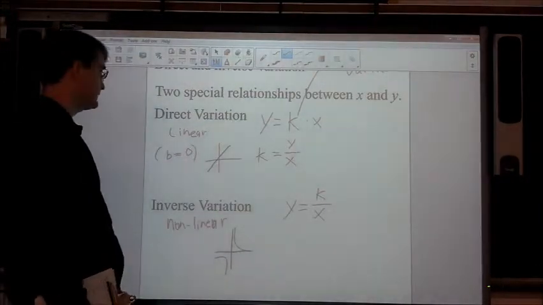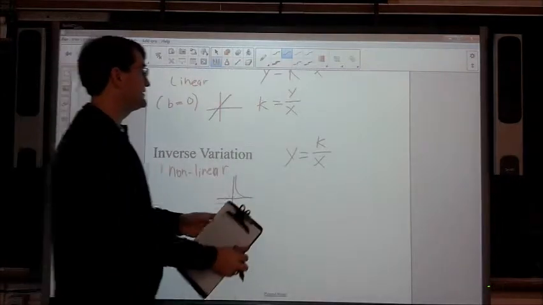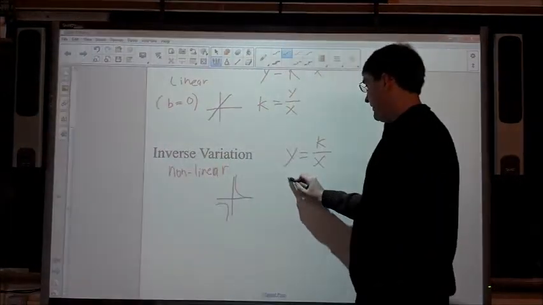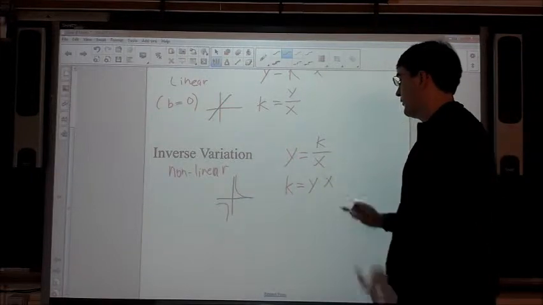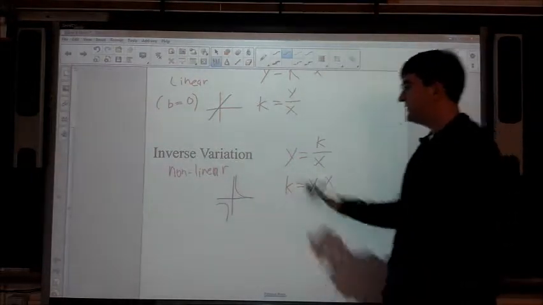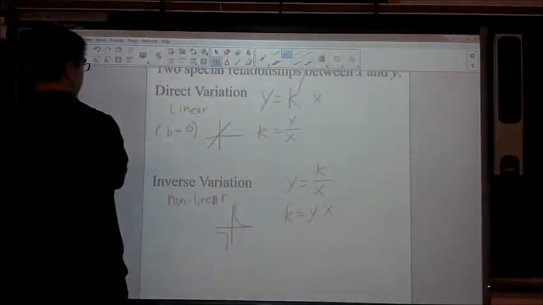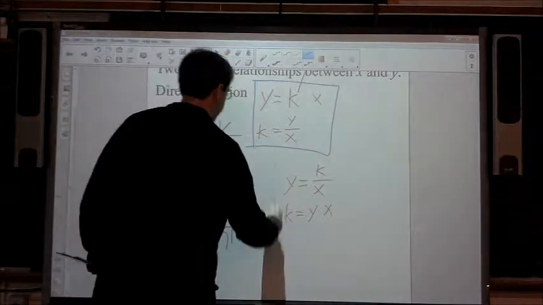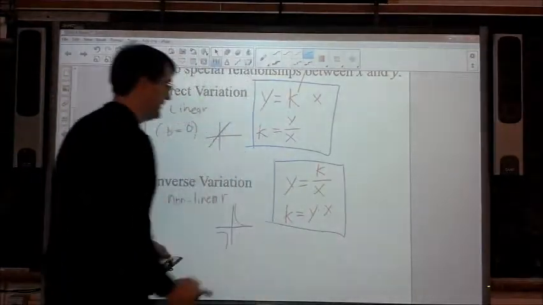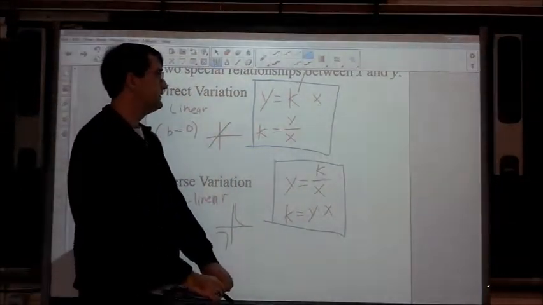For inverse variation, we have y is equal to k divided by x. And then putting it the other way, we could also say that k itself is equal to y times x. And these two pairs of formulas are very useful for determining the difference between inverse and direct variation.